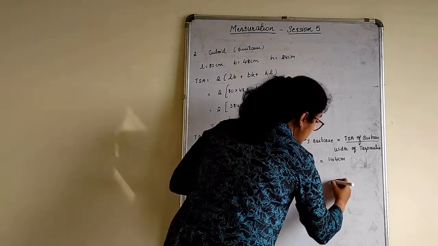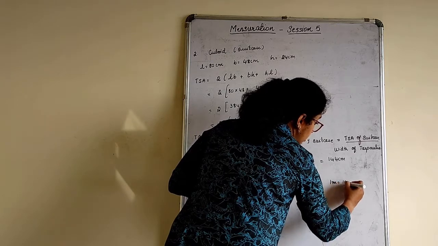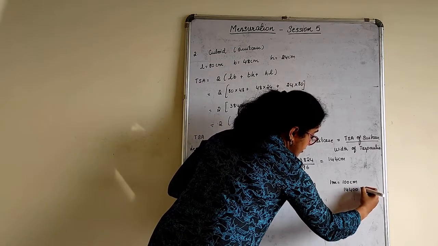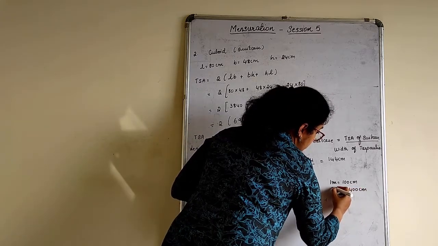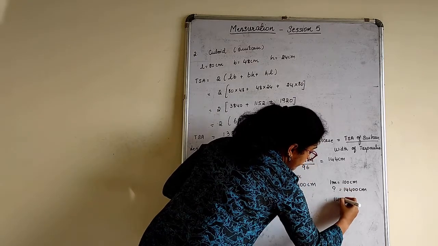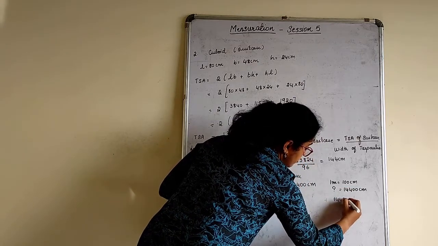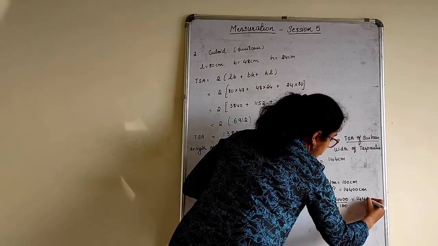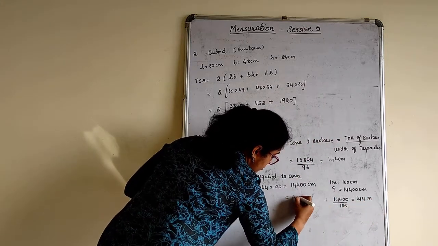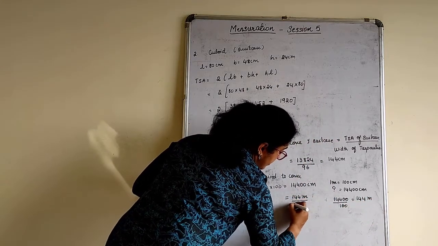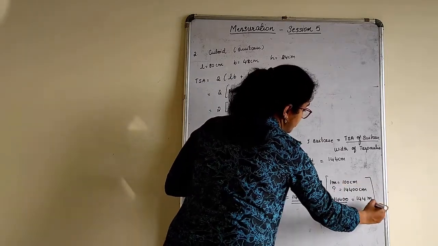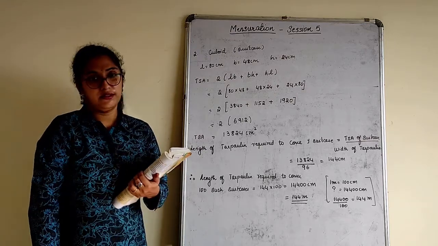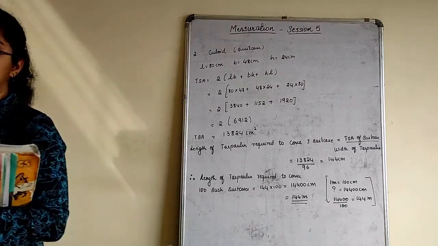So our calculation, 1 meter is equal to 100 centimeter. 14400 centimeter is equal to how many meters? 14400 divided by 100 is nothing but 144 meter. Final answer. Please do this conversion, which is very, very important. So a bit different sum here, but this goes like this.